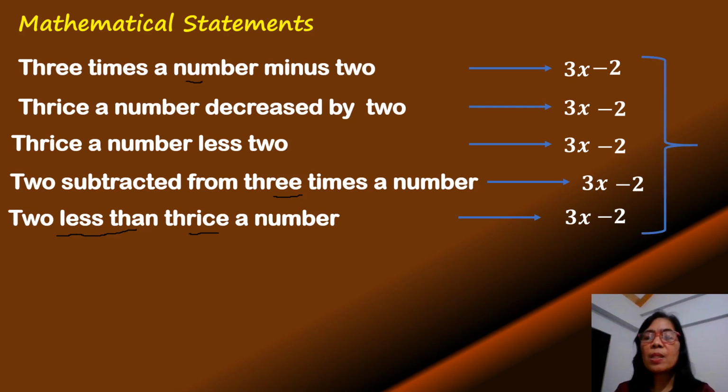Okay, all these statements, 3 times a number minus 2, thrice a number decreased by 2, thrice a number less 2, 2 subtracted from 3 times a number, or 2 less than thrice a number, they actually are represented by the same mathematical symbol, 3x minus 2.